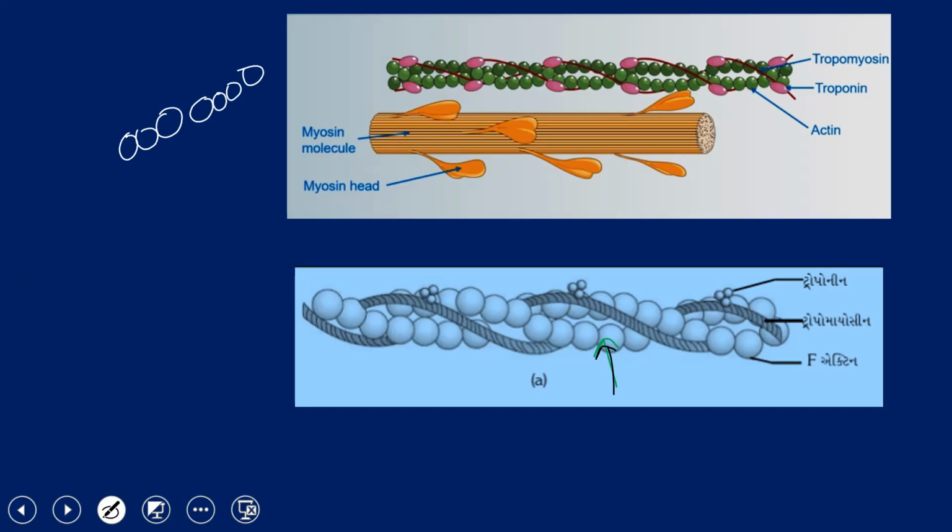Then this is myosin. As you can see, this is the myosin. Then if you talk about the troponin, this small structure is troponin. And then this is tropomyosin. This is actin. Got it, right?